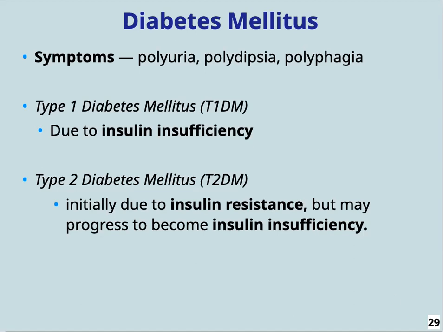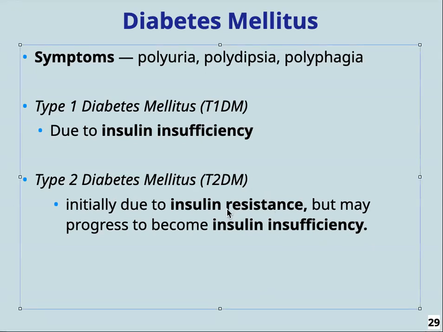Type 2 diabetes, formerly called adult onset diabetes, unlike type 1 diabetes, is actually due to insulin resistance. So these patients, early in their disease, their pancreas actually tries to compensate for the tissue resistance to insulin by secreting more insulin.